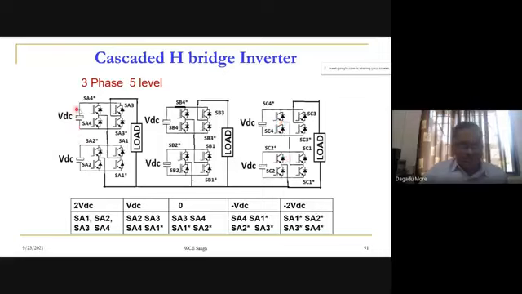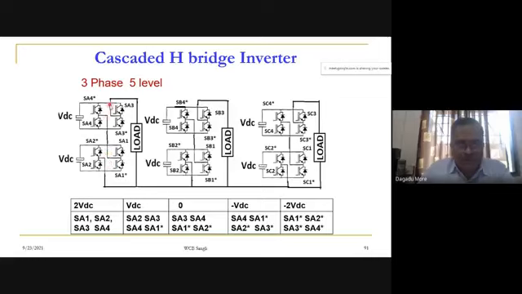And here one important drawback of the cascaded H bridge multi-level inverter is that for each H bridge we require a separate DC supply. The first H bridge will provide three levels, and after that, whatever H bridge you add, they will give a change in level by 2.